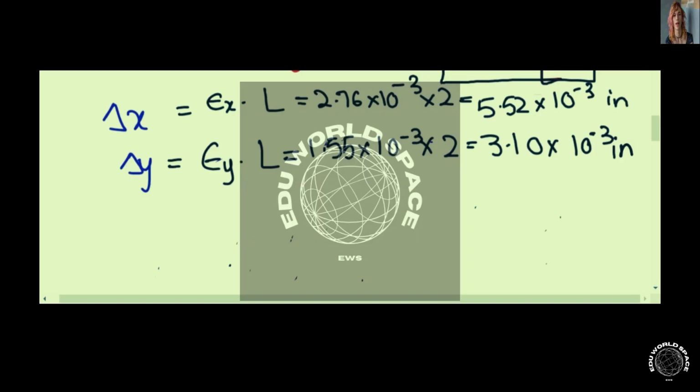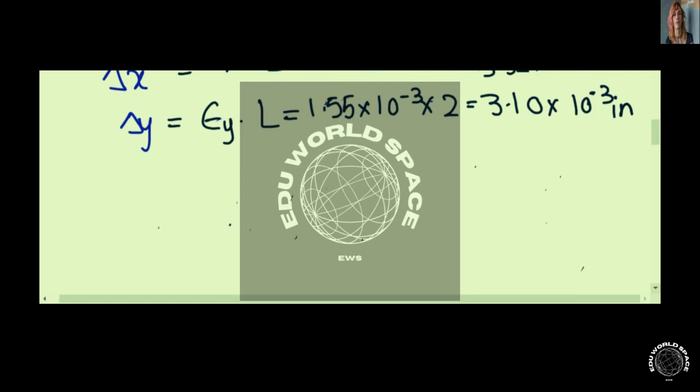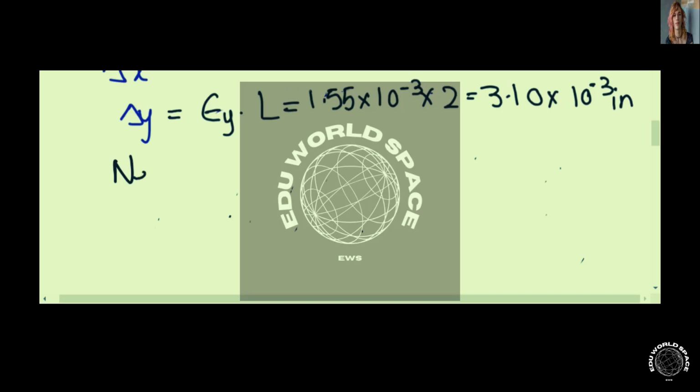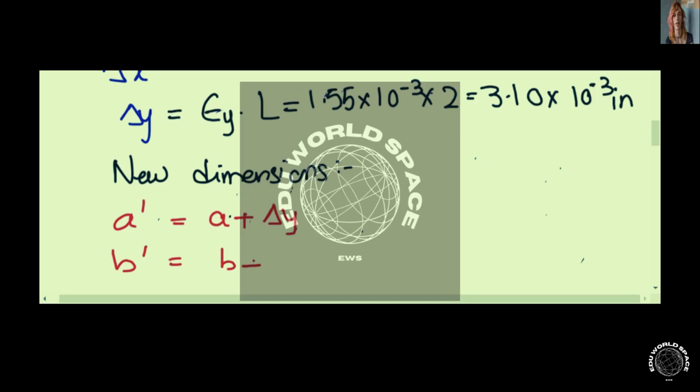Now that we have the change in the x and the y direction, we just need to find the new dimensions. So a dash would be equal to a plus the change in y direction, and b dash would be equal to b plus the change in x direction.